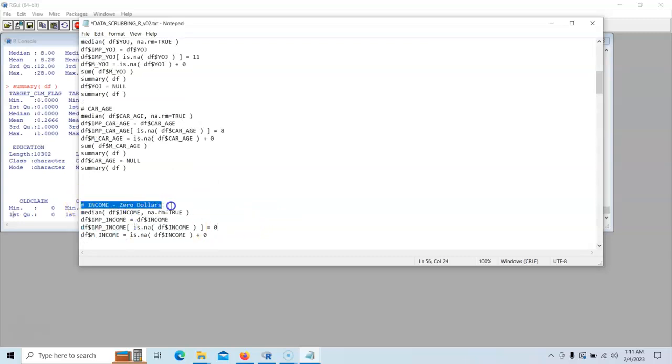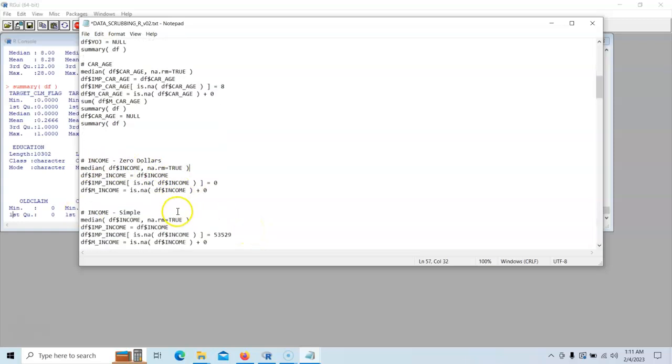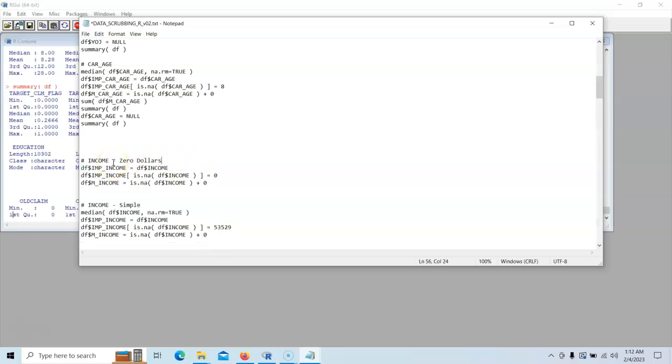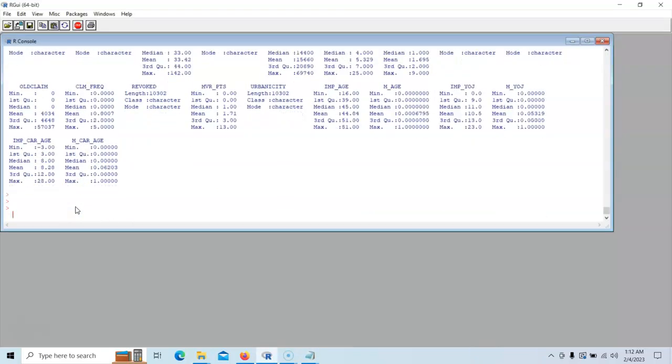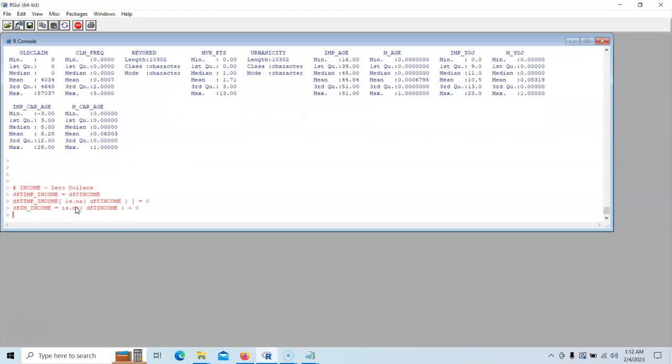We could say that it's $0. We could just say, if I don't know how much money you make, I'm going to assume the worst. I'm going to assume you make $0.